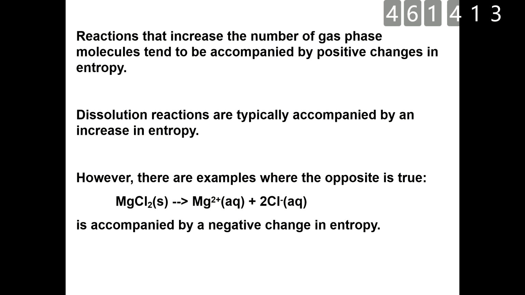The sum of the entropy change is a decrease, because the freedom of water decreases much more than the increase of these two ions. So the whole system's freedom decreases. The whole system means the metal, the two ions and the water.